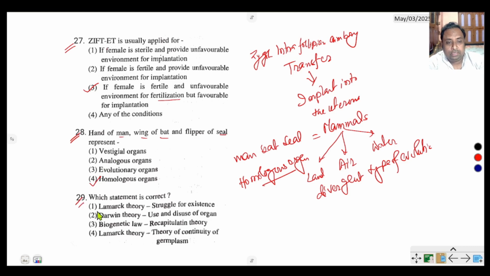29 number question, Lamarck theory. Struggle for existence is proposed by Darwin. Darwin's theory: struggle for existence, and use and disuse by Lamarck. Biogenetic law or recapitulation theory by Ernst Haeckel.